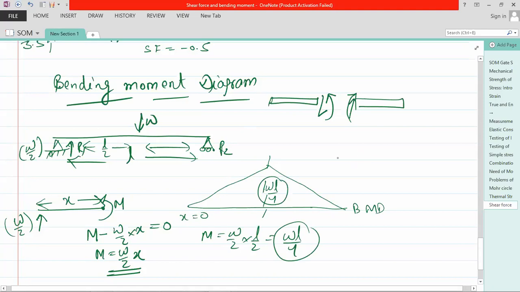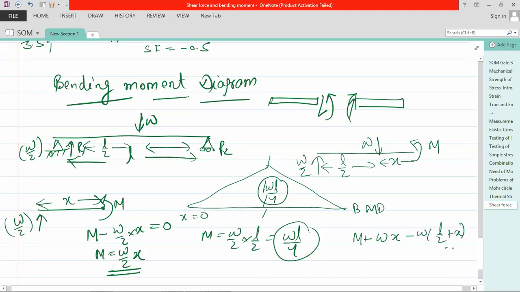And if you go after, suppose this is your rod, this is W by 2, this is W, and take now this moment M. Suppose this is x, and this is L by 2. M plus W into x, and it is minus W into L by 2 plus x, that is equal to 0. M plus Wx minus WL by 2.